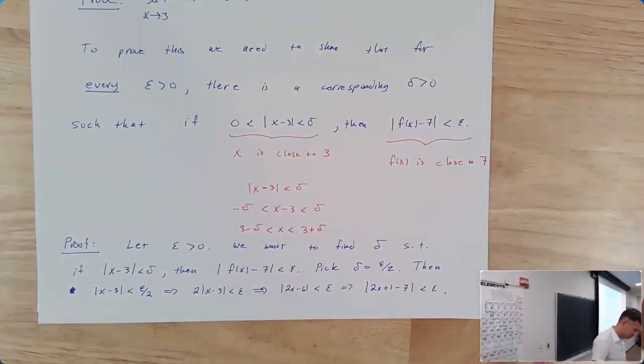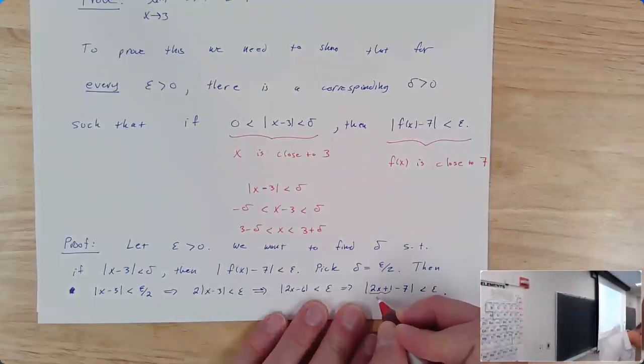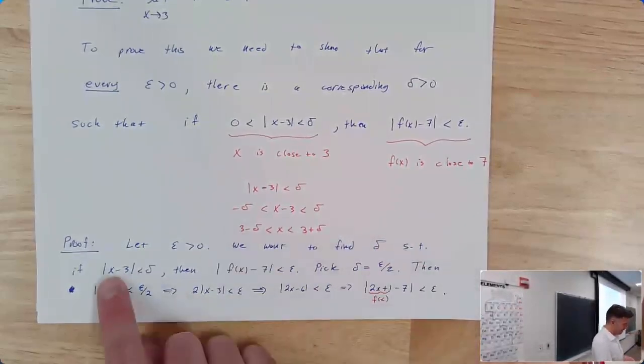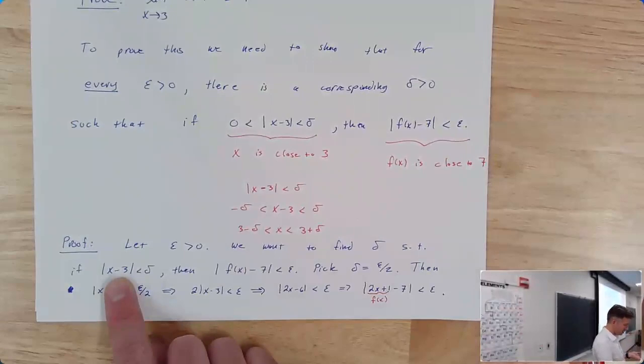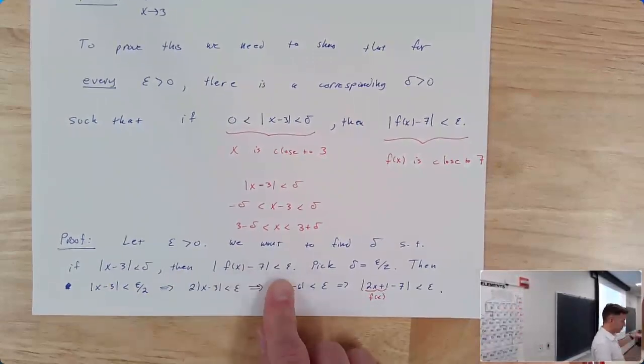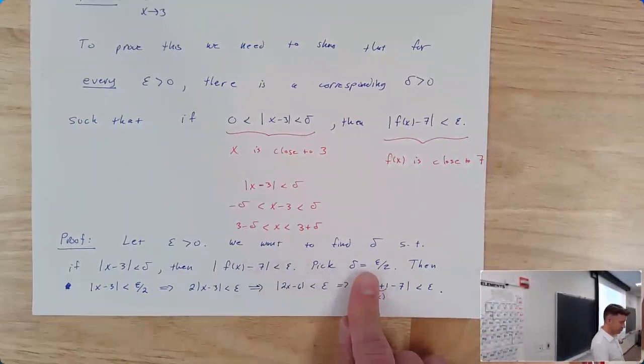That's my function. So I just did the thing I said I wanted to do. I said we want to find delta such that if the absolute value of x minus 3 is less than delta, then the absolute value of f of x minus 7 is less than epsilon. And then we said there's delta, it's epsilon over 2.